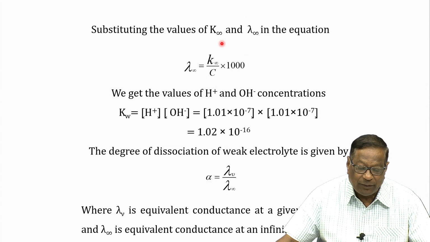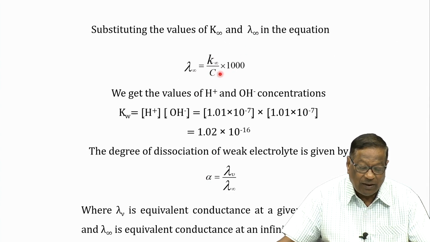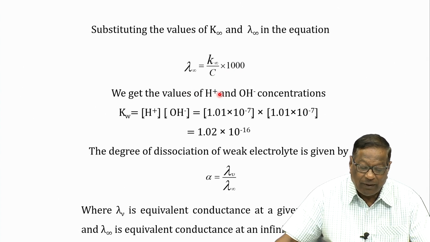So, we can substitute K infinity and lambda infinity values in this equation, that is lambda infinity is equal to K infinity divided by C into 1000. We get the values of H plus and OH minus ions.